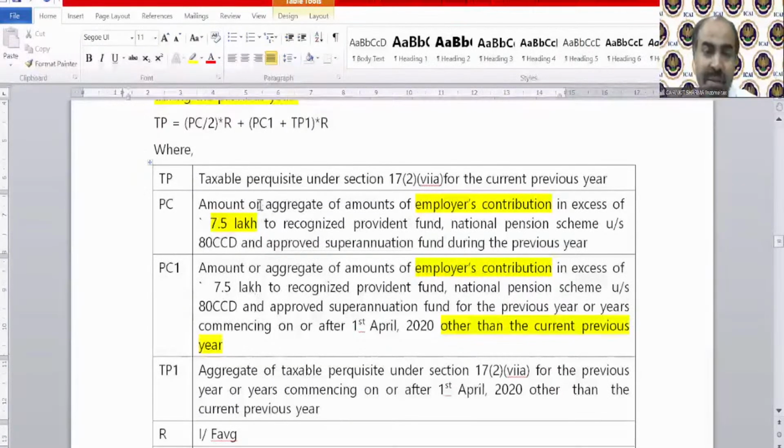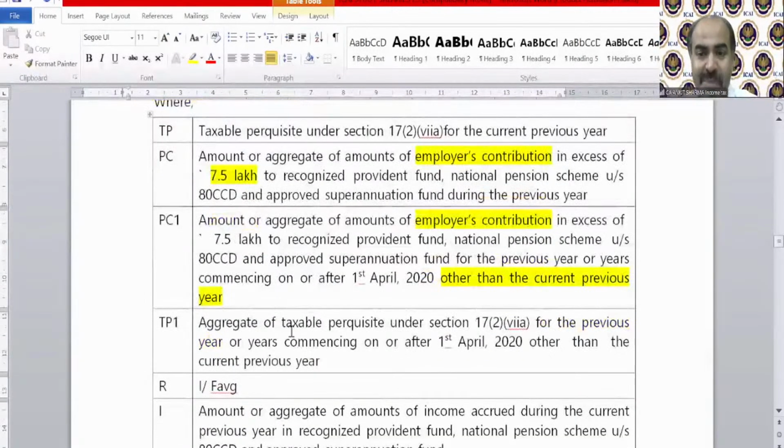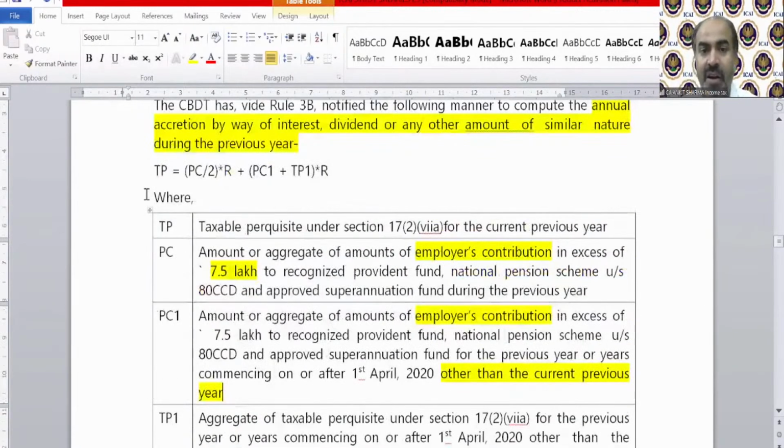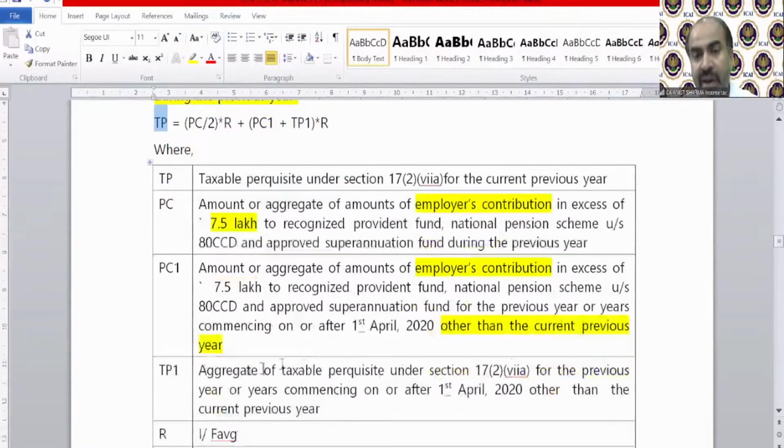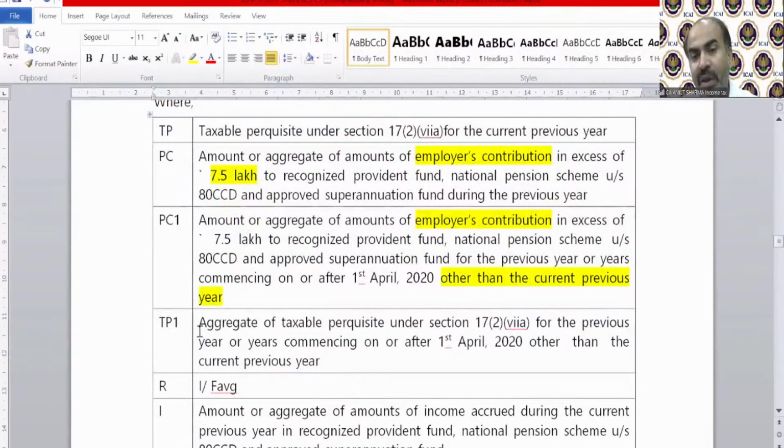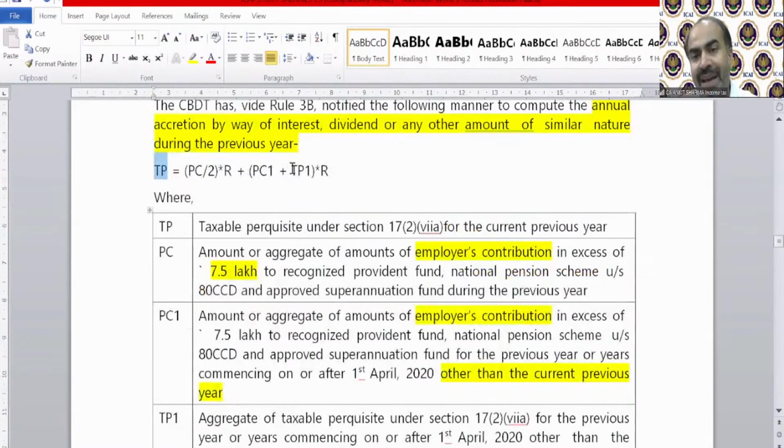What is TP1? TP1 is the last year's perquisite value. Like TP, which is the taxable perquisite value for the current year, TP1 is the same thing for the last preceding year. The last year's perquisite value as calculated by this formula is placed as TP1.